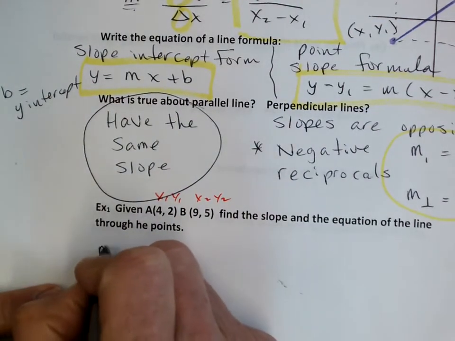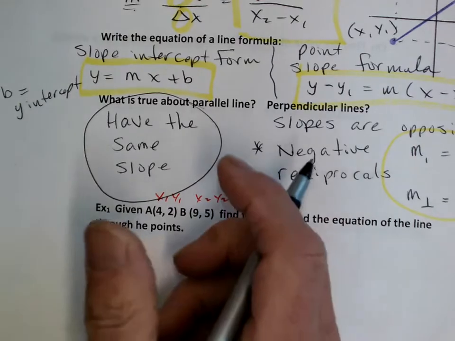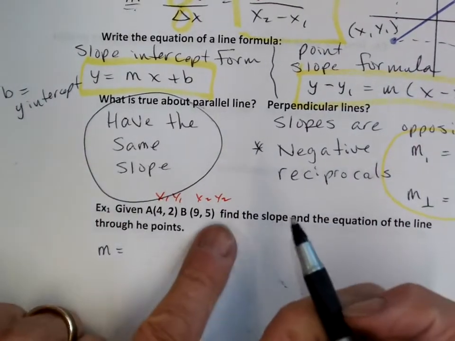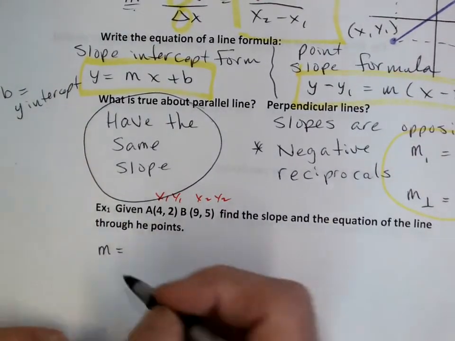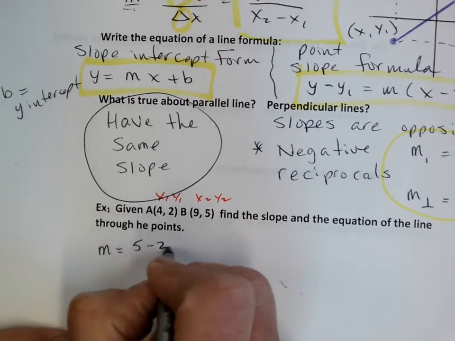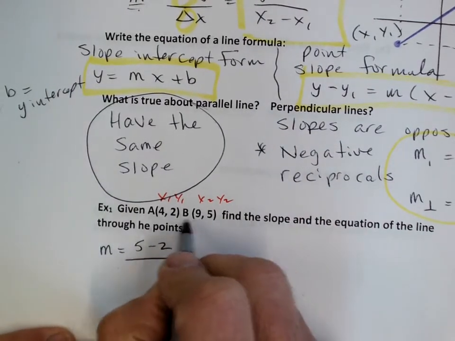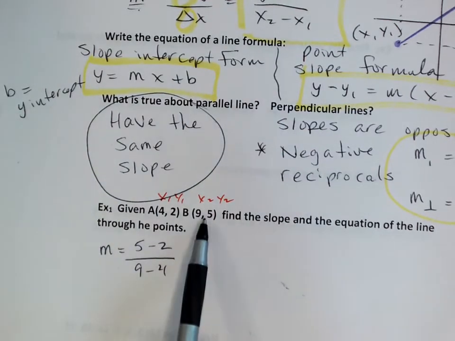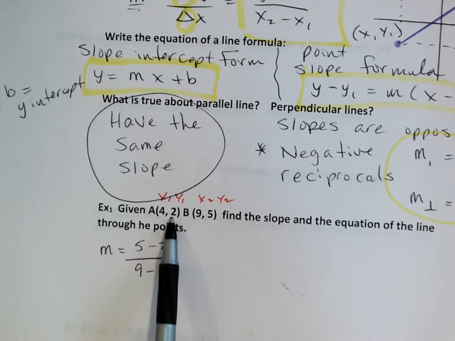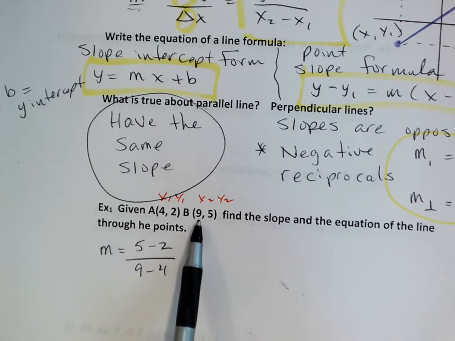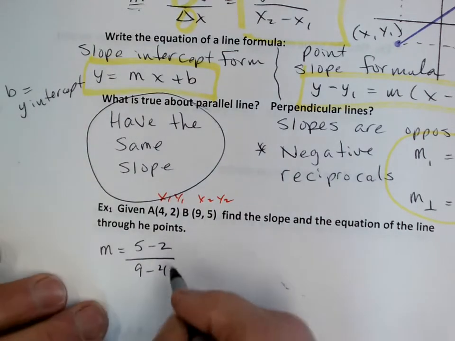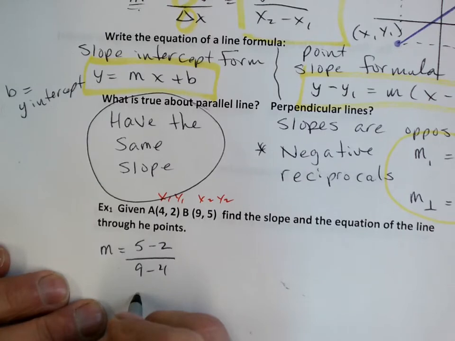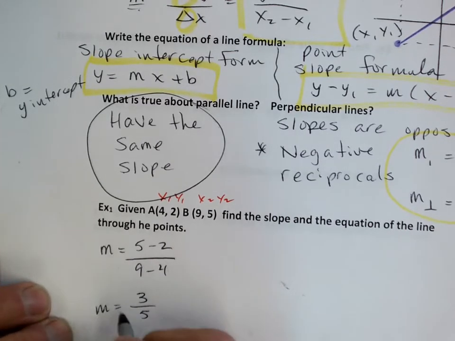So my slope is 5 minus 2 over 9 minus 4, y2 minus y1 over x2 minus x1, which of course simplifies to 3 over 5.